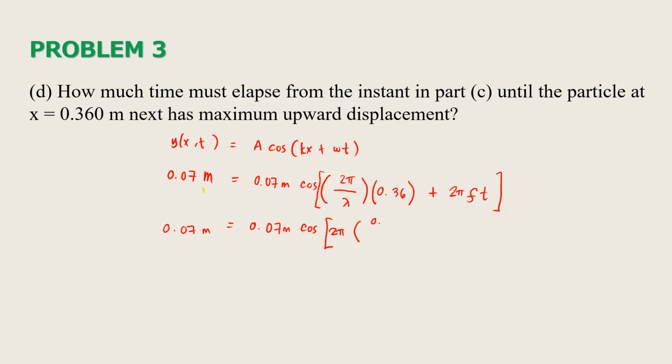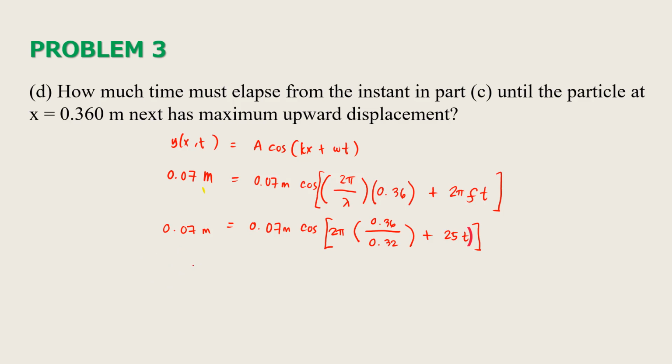And then we have 0.36 over the value of our wavelength, which is 0.32, plus we have taken out 2 pi, the value of our frequency is 25 hertz multiplied by the time. Okay, so here we can divide both sides by the amplitude.